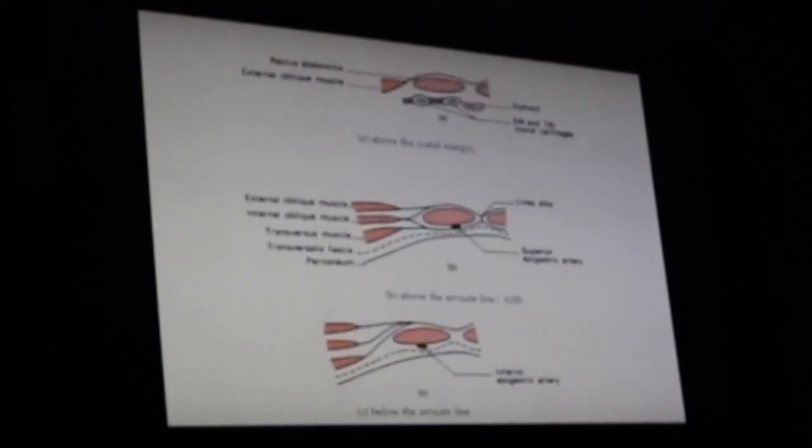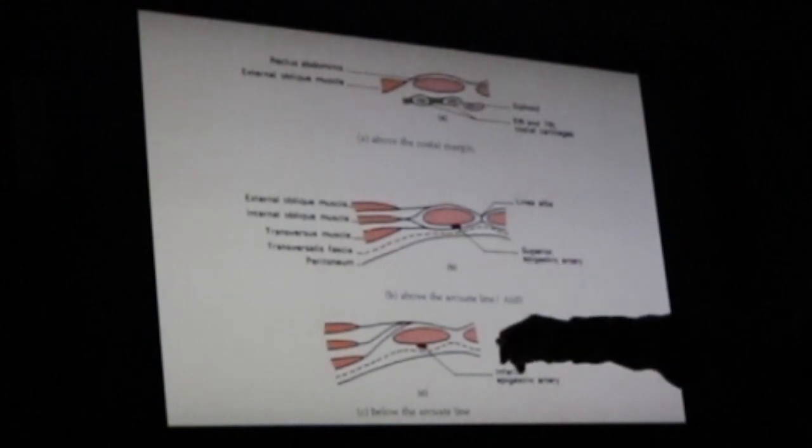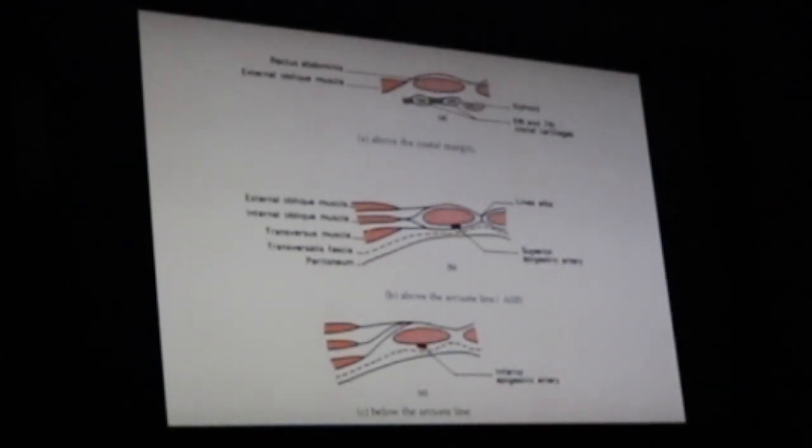Above the anterior superior iliac spine there was the superior epigastric artery, and below there was the inferior epigastric artery. The superior epigastric artery comes from the subclavian artery, through its branch the internal thoracic artery, which bifurcates into musculophrenic and superior epigastric. And from my femoral artery, I get the inferior epigastric.